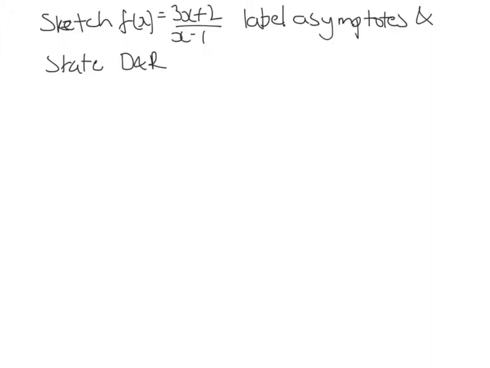Now this one, even though you might not recognize it, is actually a hyperbola. To do this, we can say this line here, the fraction bar, is a divide sign. So how many times does x minus 1 go into 3x plus 2? Well, x and 3x, it'd have to go in 3 times.